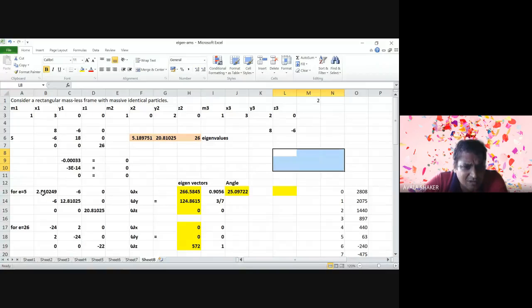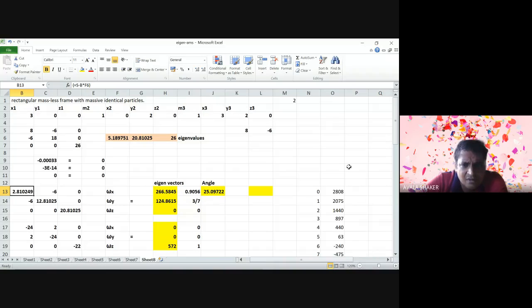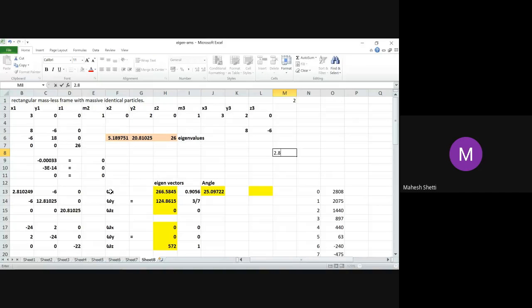So these are 3 simultaneous equations, right? So this into this plus minus 6 omega y and omega z will be 0. So should we write those equations? It will be like, say, 2.8. Or you may just write Ixx omega x, Ixy omega y.